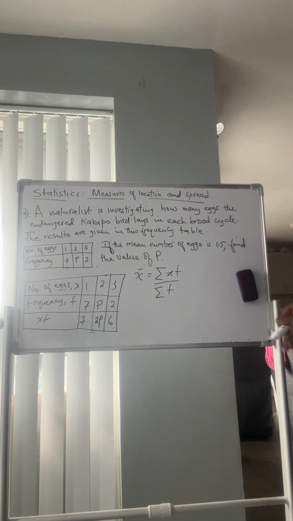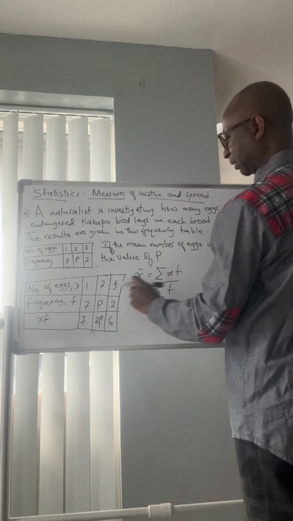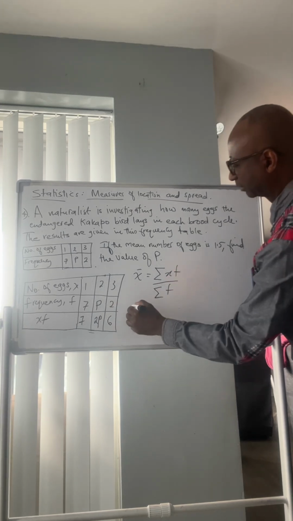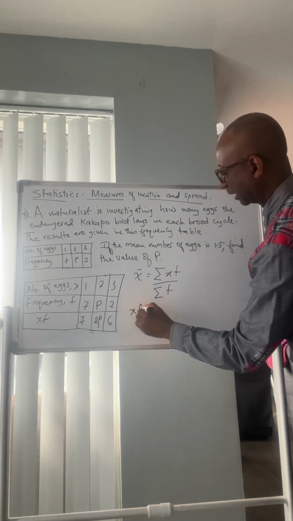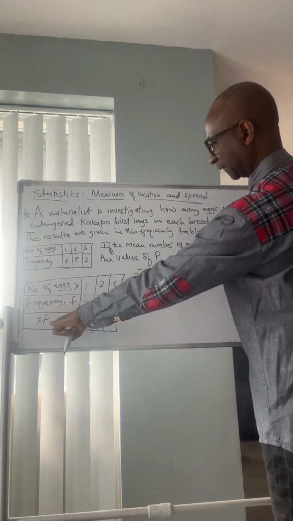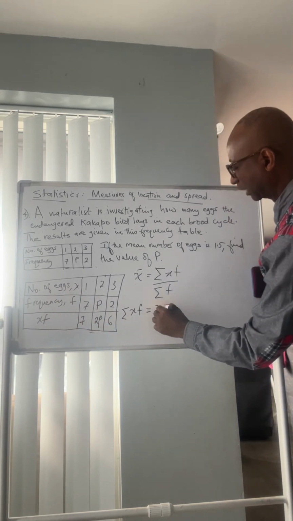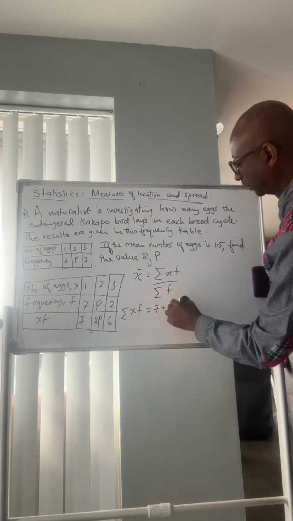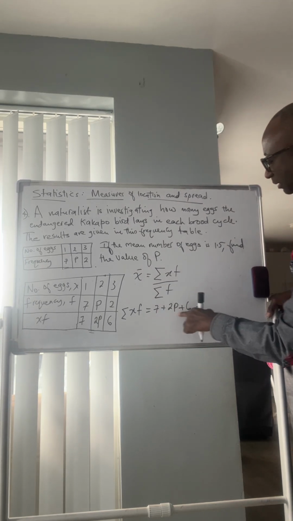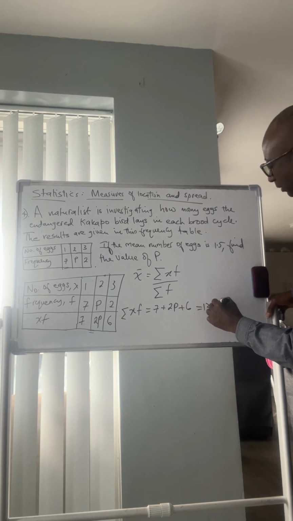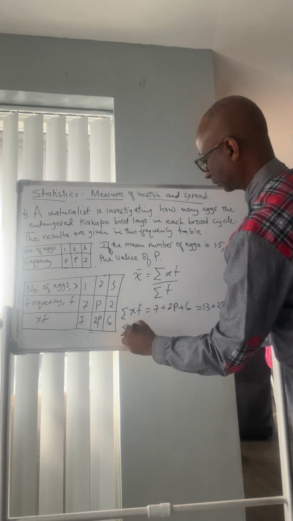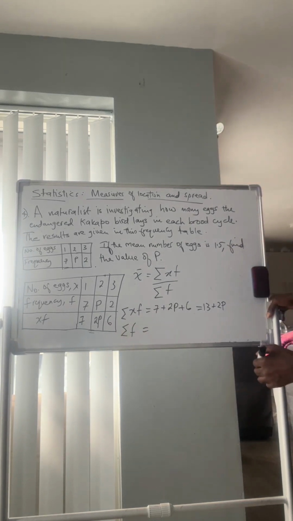So what is the sum of xf here? You are adding 7 plus 2p plus 6, and this gives you 13 plus 2p. And what is this sum of f? That's the frequency.